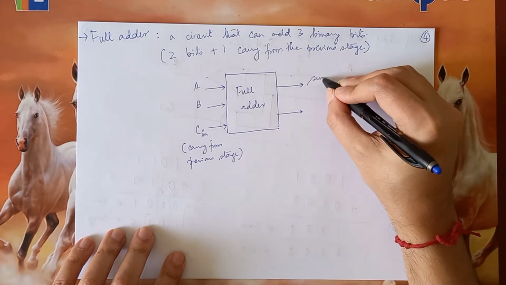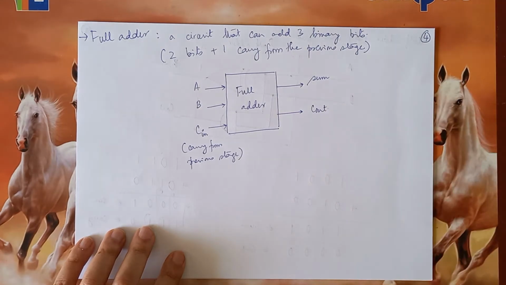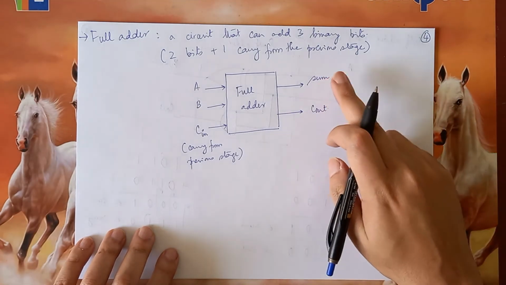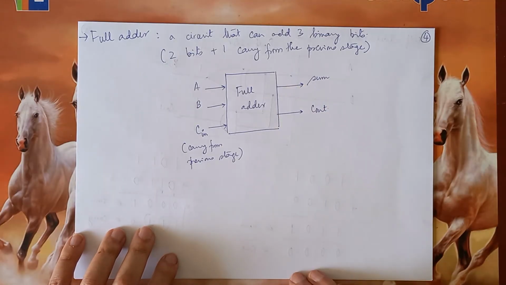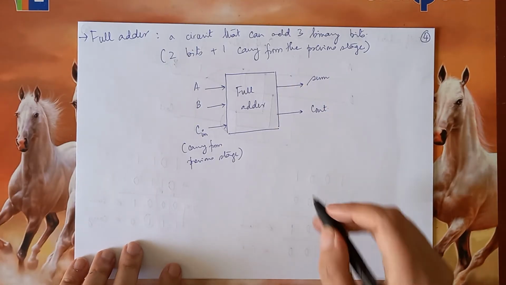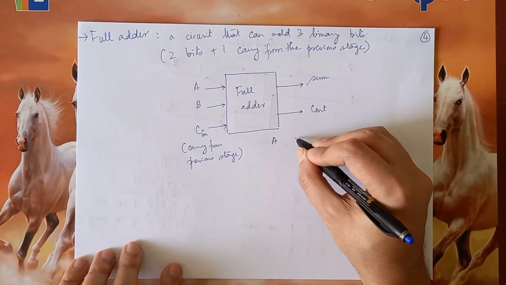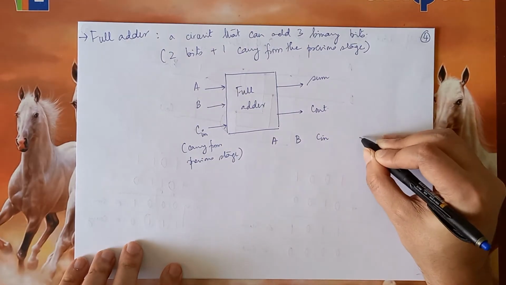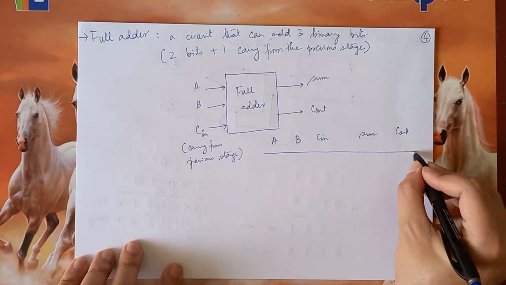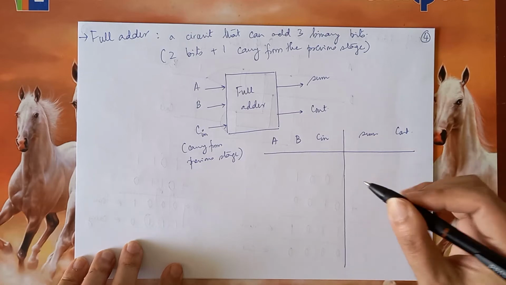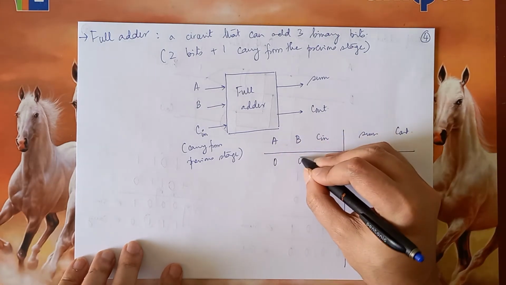The outputs will still be sum and C out, because no matter what we are adding, there will be one sum bit and one carry bit, even if there are 3 binary inputs. So this is what the block diagram of a full adder looks like. So therefore, let us draw the truth table. So now this becomes a 3 input truth table.